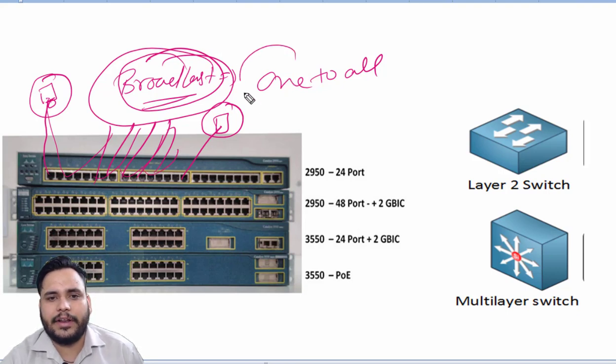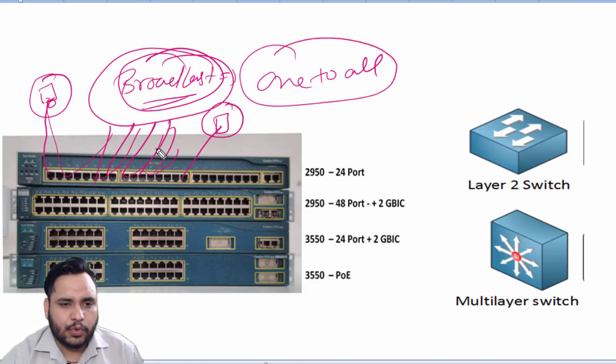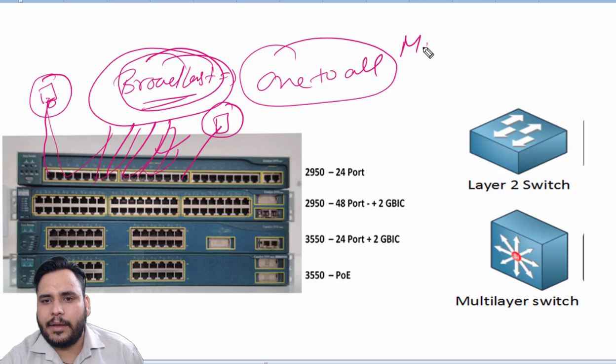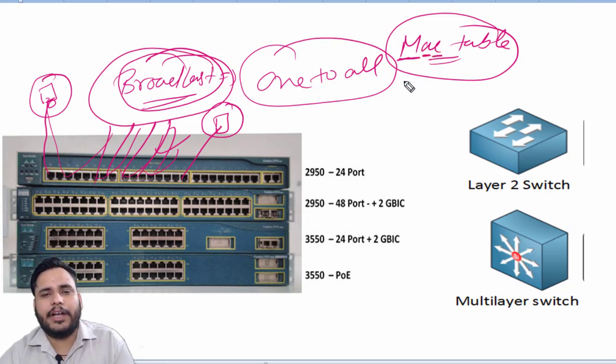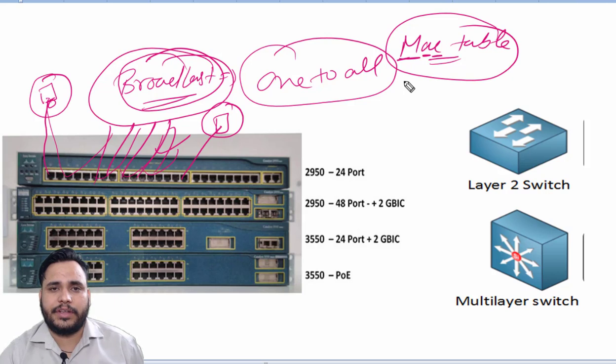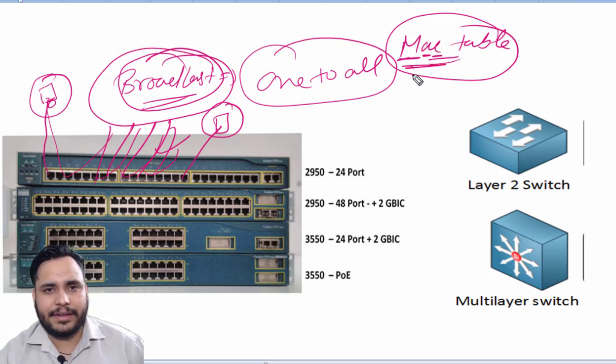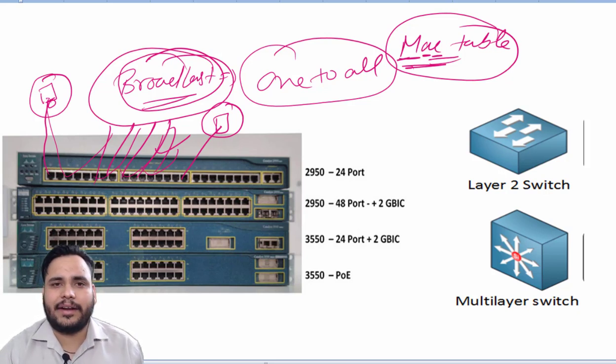After that, when broadcast is done, switch makes a MAC table. Now what is a MAC address? Media Access Control address. Each and every device which is going to connect with the switch, which is going to share information, has a MAC address. My laptop has a MAC address, my mobile has a MAC address.